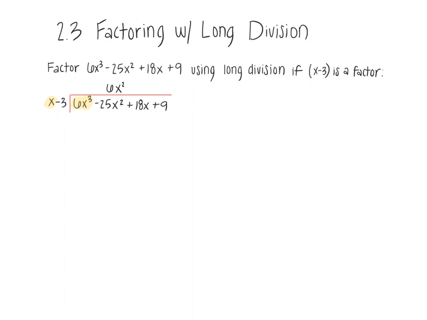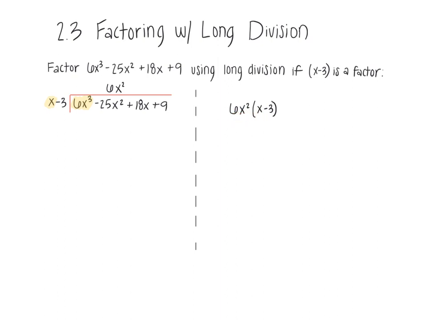So I'm actually going to show my work for this out to the side. And now I have to multiply the divisor by 6x squared. So 6x squared times the divisor. Just so you know what I'm talking about, 6x squared times the divisor. And I'm going to do that over here out to the side.